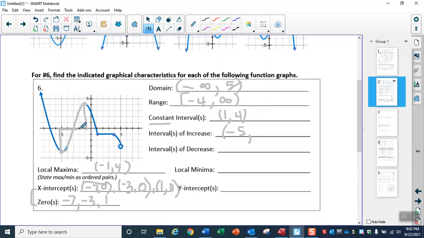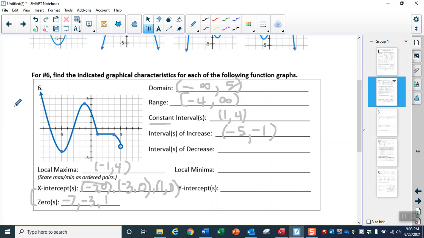And then all the way here is where it stopped increasing, at -1. All right, so from -5 to -1, all in here, it was going up. I probably should highlight that instead of just coloring it in. All right, but you can see that. So I'm going up here, that's increase. And then it turns around, that's decreasing, constant, decreasing. All right, so that's it for increasing.